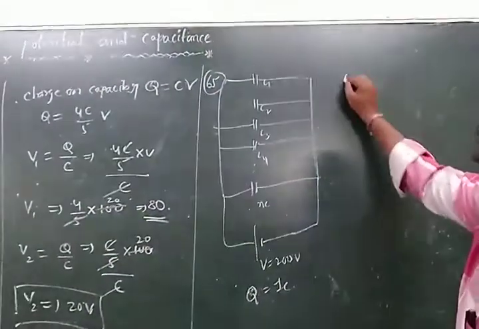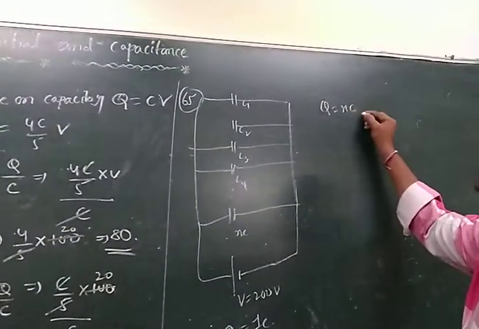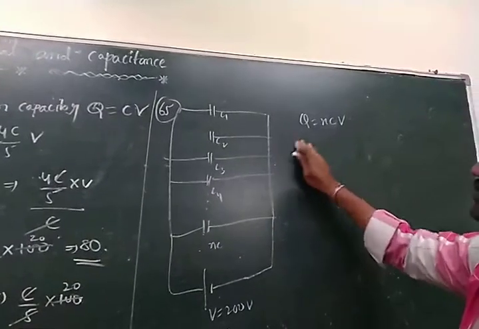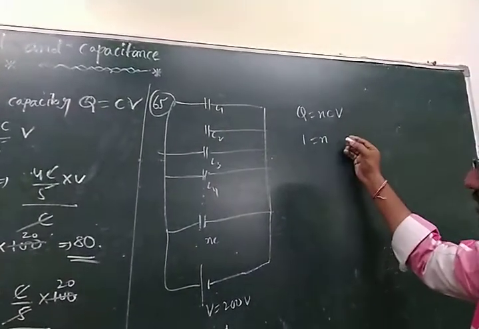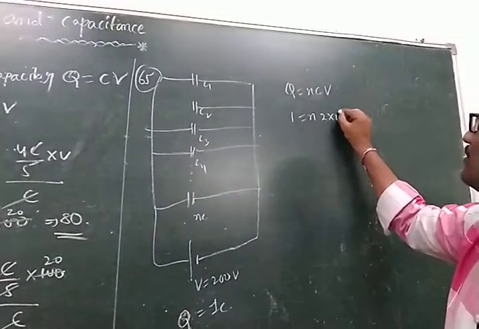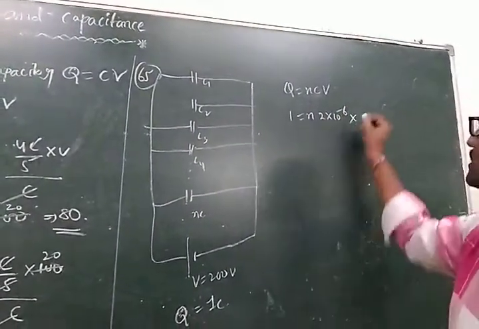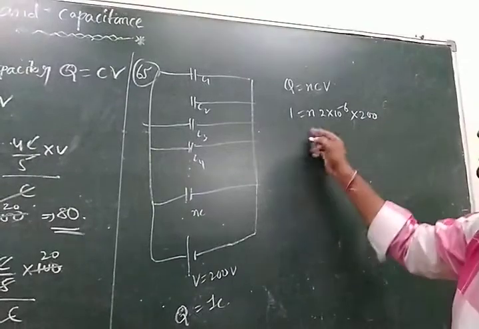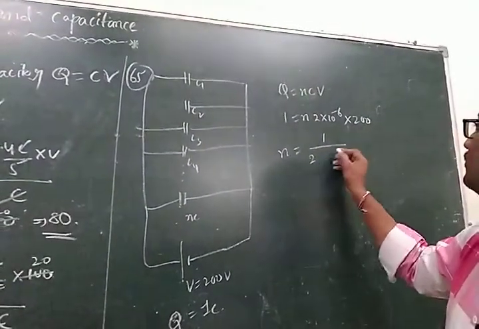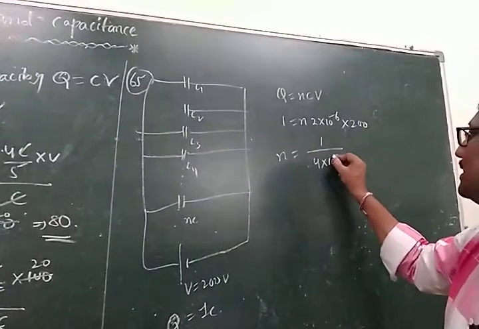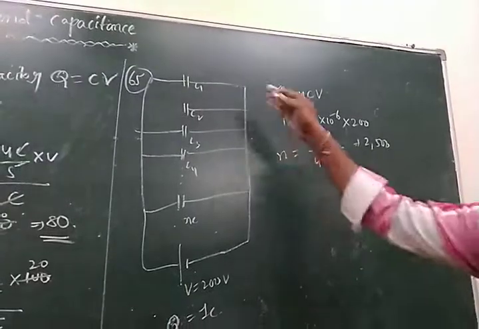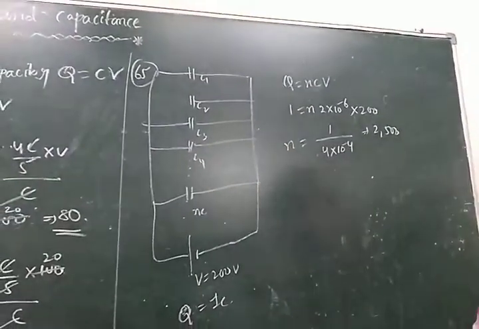The total charge Q is equal to N into C into V. Here Q is 1, each capacitor is 2 into 10 power of minus 6, and the voltage is 200. Then we find that N is equal to 1 by 2 into 4 into 10 power of minus 4, that is equal to 2500 capacitors connected.